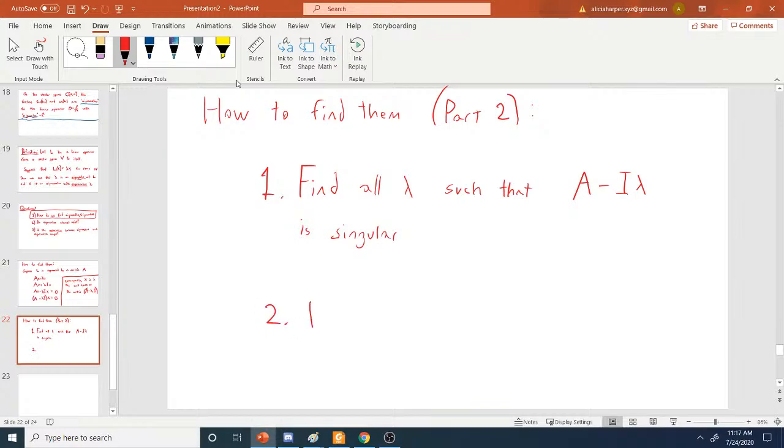And then second, for such lambda, find a basis for the null space of A minus I lambda.